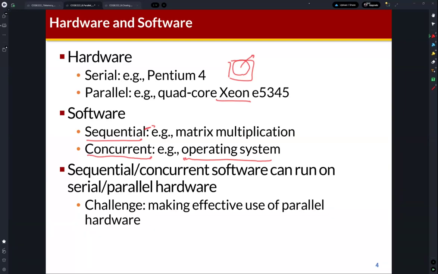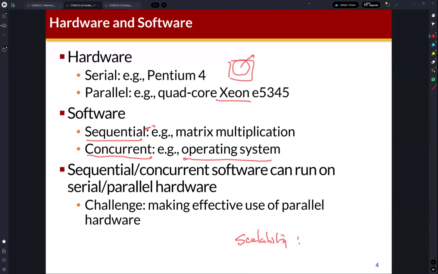Actually, even though we increase the number of cores in a CPU, the performance is not proportional to the number of cores. This issue is called the scalability issue.